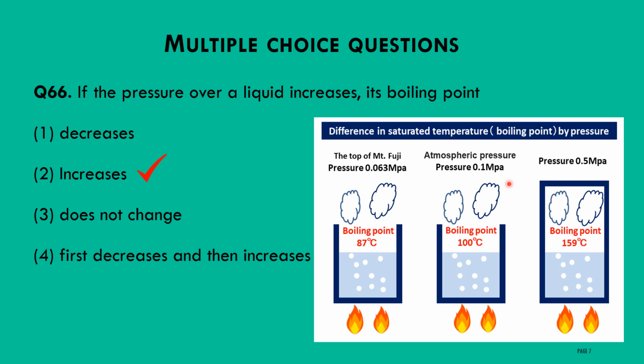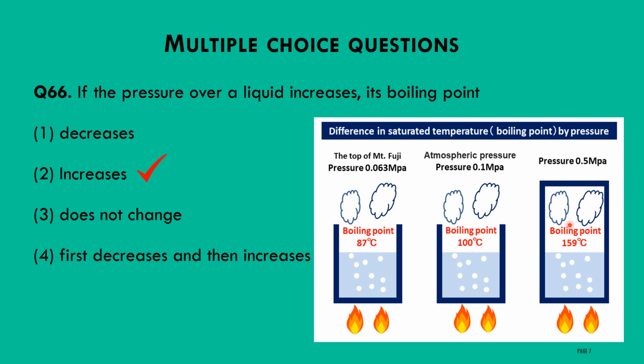Compared to the first one, the pressure is more, meaning you are applying more force on the liquid particles, so you have to provide more energy to convert them into a vapor state. Therefore, in the second case, the boiling point is more compared to the first case.